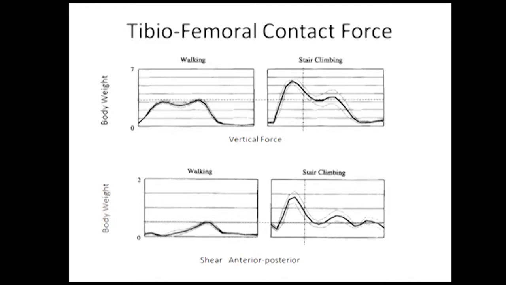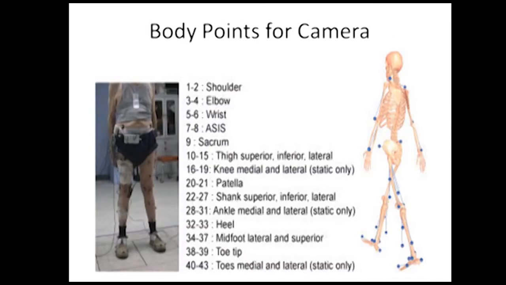But the key thing to note is that in studying 7 or 8 patients, the inter-individual variance was very high, as was the intra-individual variance during stair climbing. So it's important to know, when you're dealing with the post-surgical outcome, what kind of forces are going to be experienced here.